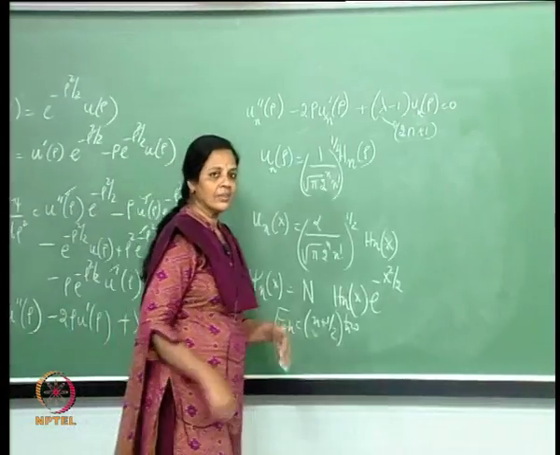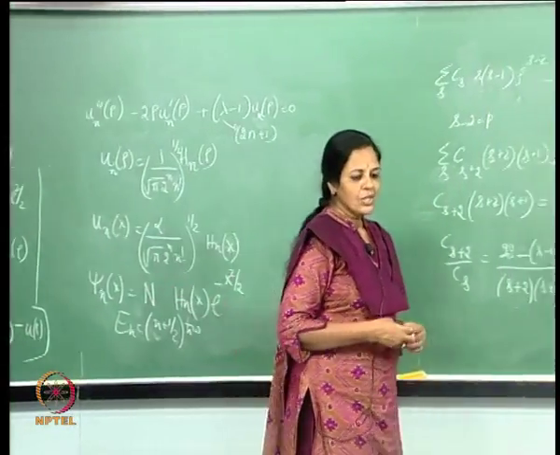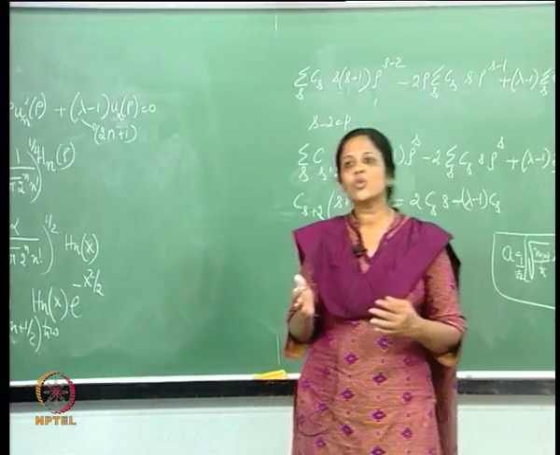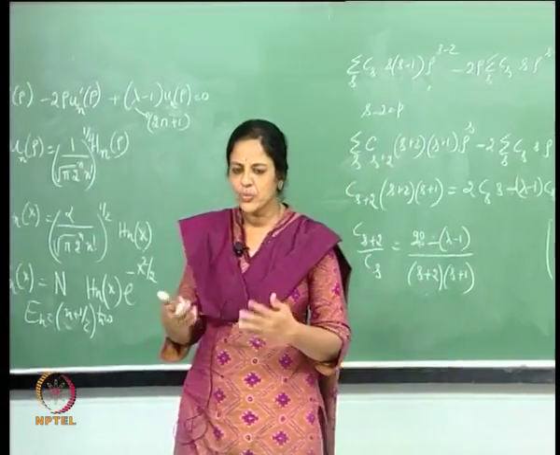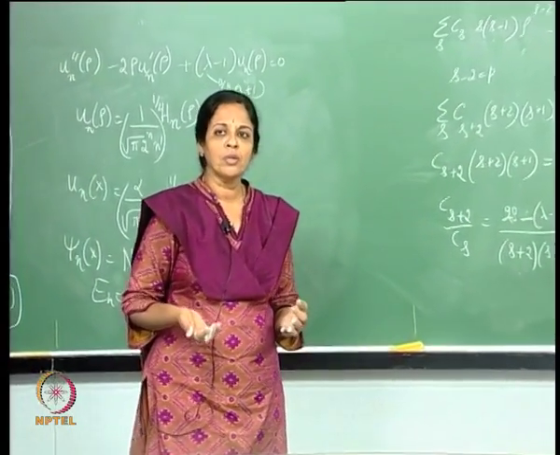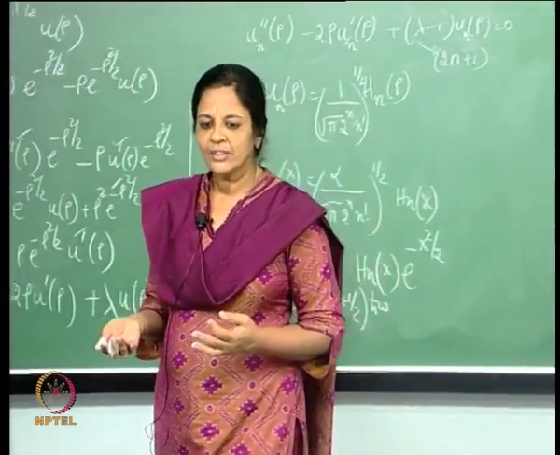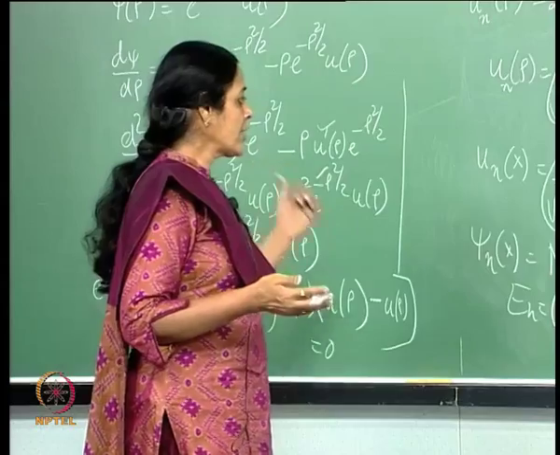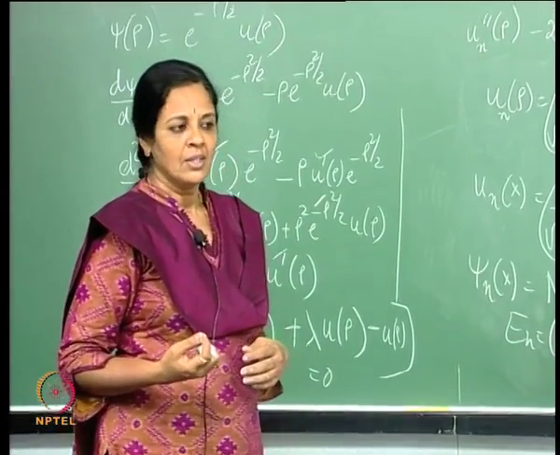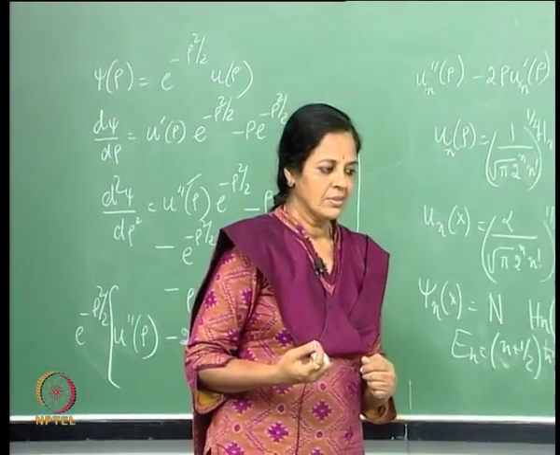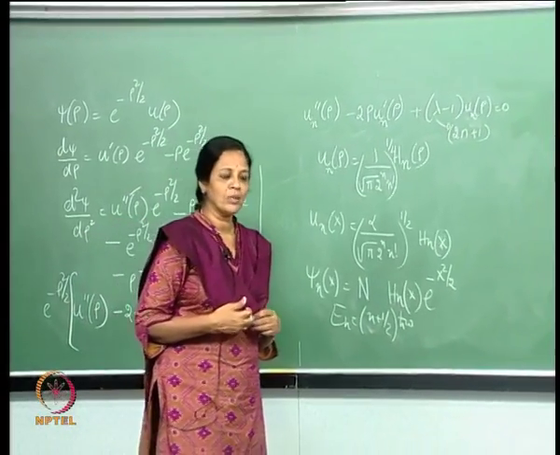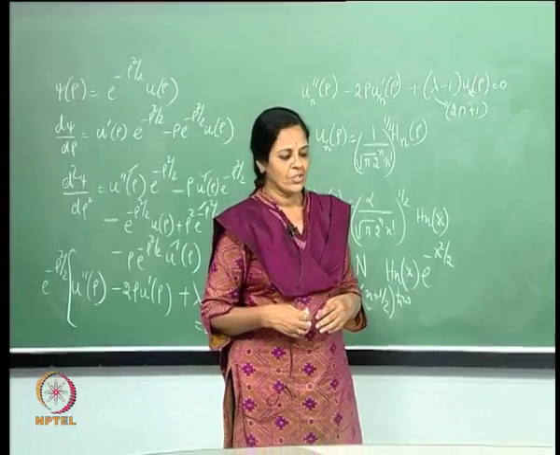So in this method of working out eigenvalues and eigenfunctions, there are some crucial points which are worth noting and which we will be using in subsequent problems that we will consider. Wherever possible, we will go to dimensionless variables. In this case, we went to rho and lambda, where rho did not have the dimensions of length. X did, and alpha had dimensions of 1 by length, and therefore rho was dimensionless.